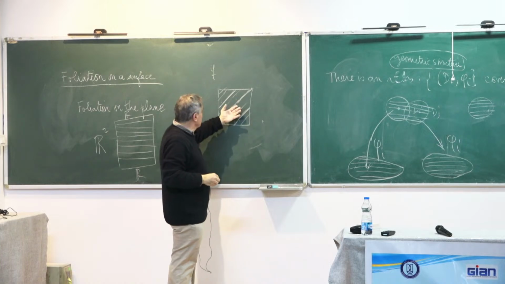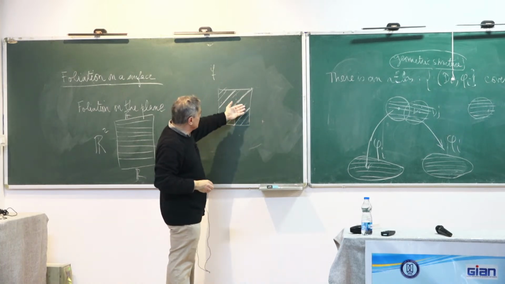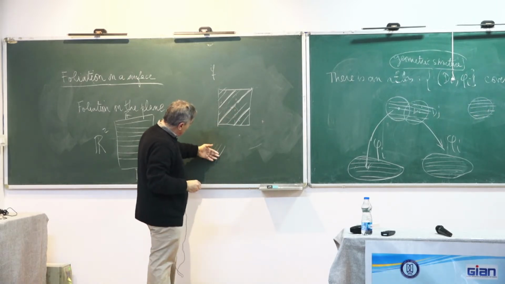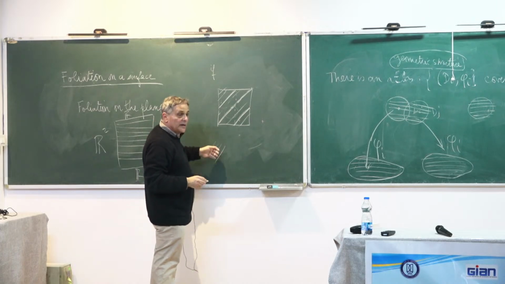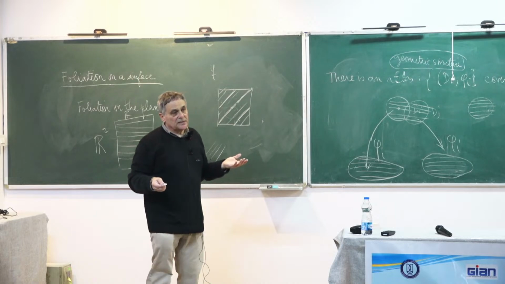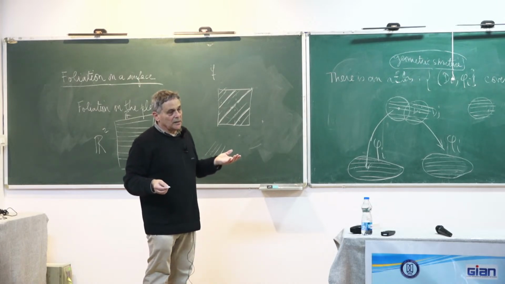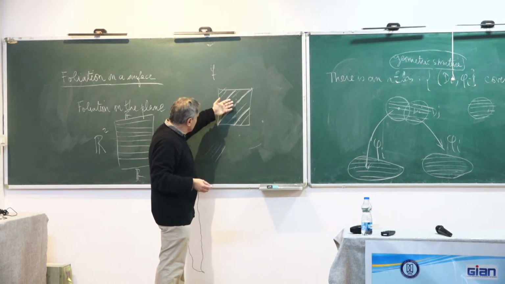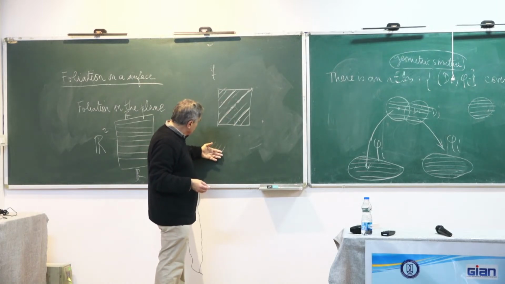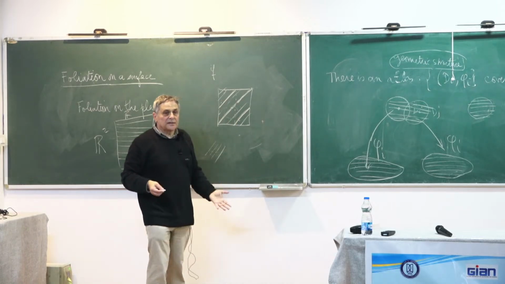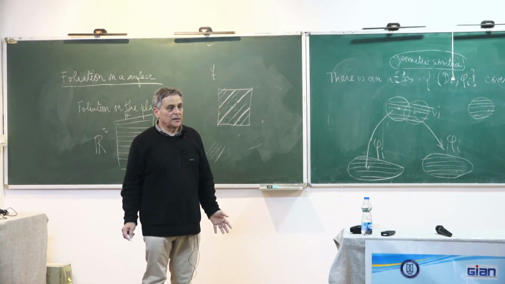So each point will have a neighborhood where there's a well-defined foliation on the plane, and the change of coordinates will preserve this foliation, because I just took here the foliation of the plane, which is exactly at the same slope as this one, and this is compatible, right?